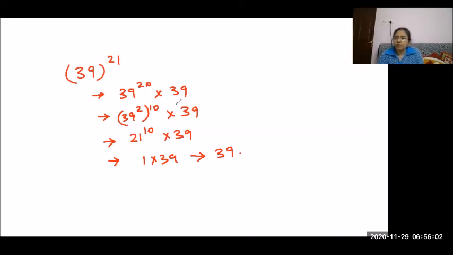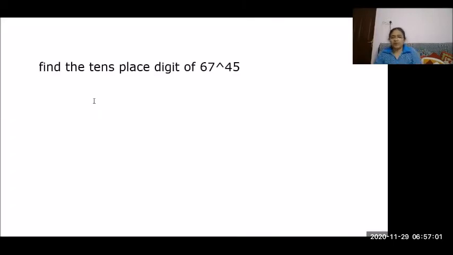One more example, let me take one which is not a multiple of 4. This is the question: find the tens place digit of 67 to the power 45.